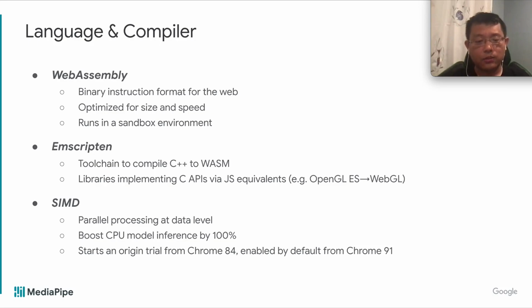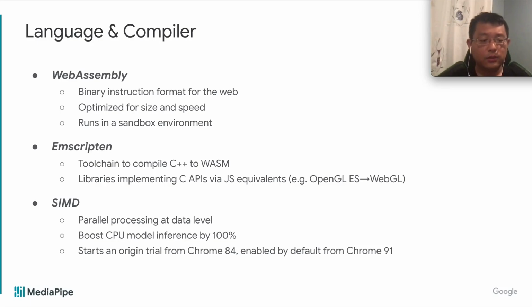Emscripten is a compiler toolchain to compile code to WebAssembly, with a special focus on speed, size, and the web platform. The output is compact and runs at near native speed. It also converts OpenGL to WebGL.